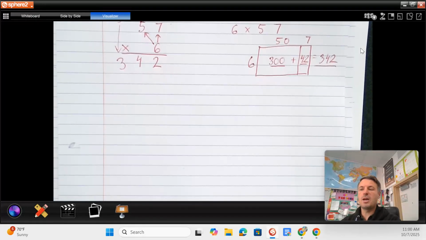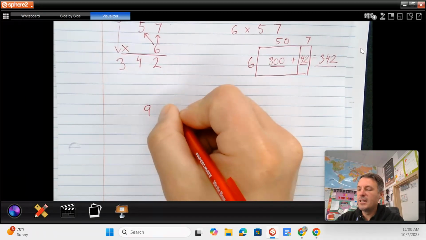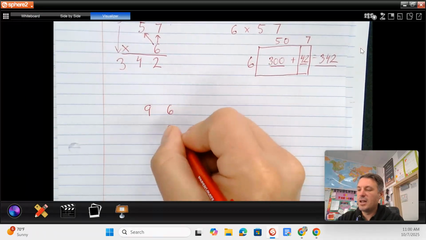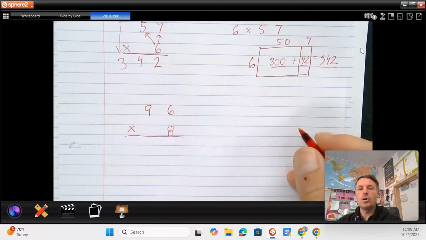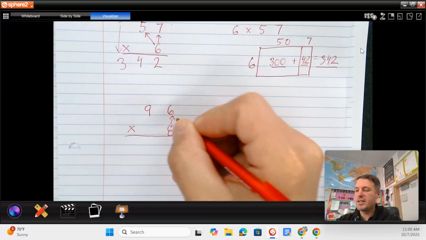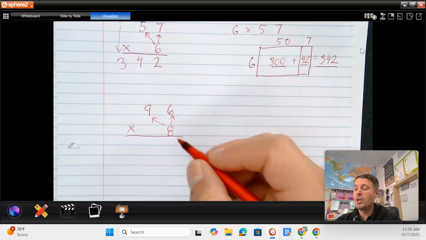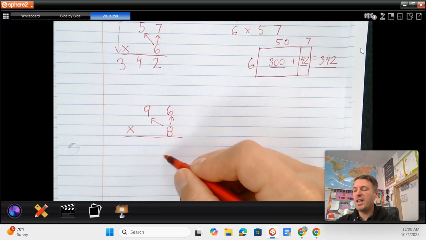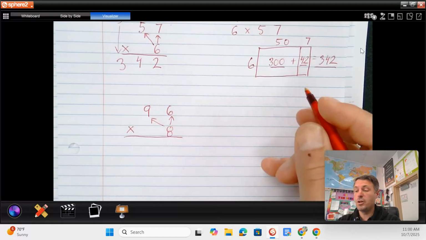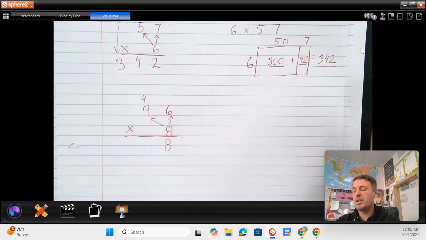Let's do another example where we have to regroup. Let's do 96 times 8. Okay? So we just do the 8 times the 6, then we do the 8 times the 9, but we have to regroup. We do 8 times 6, that's 48, and we can't fit 48 in this one place value position here, so we carry the 4 above the 9, and the 8 goes right here.